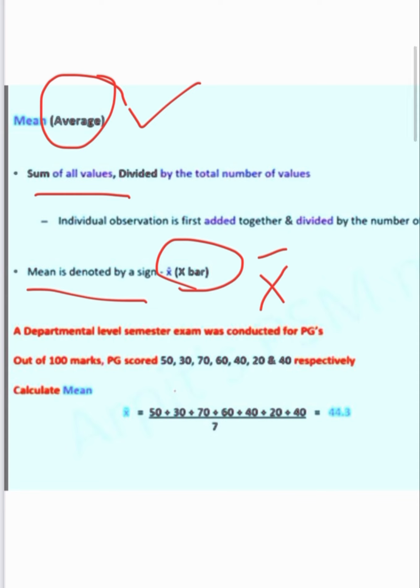Okay, let us try one example. In a departmental exam, the scores of PG out of 100 are given: 50, 30, 70, 60, 40, 20, 40. So how will you calculate the average or mean? Simply add all the values and divide by the number of values. You will get the mean.